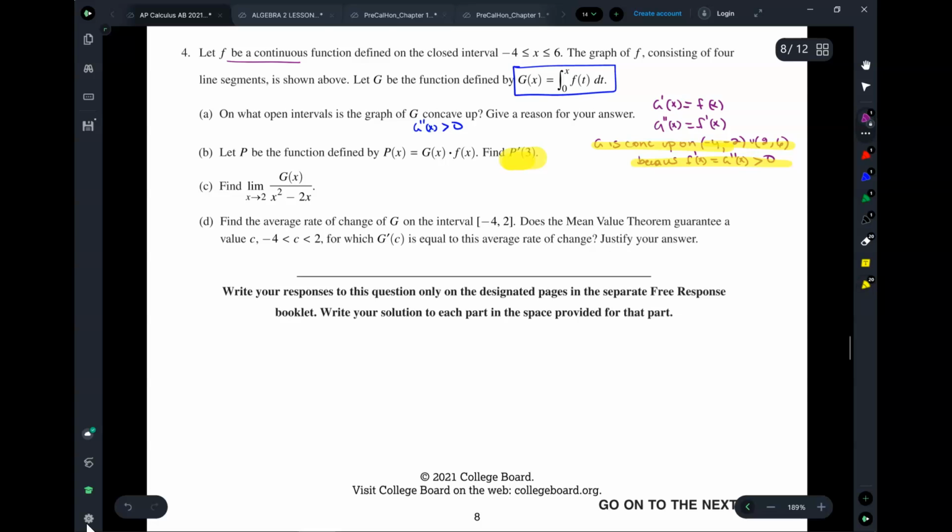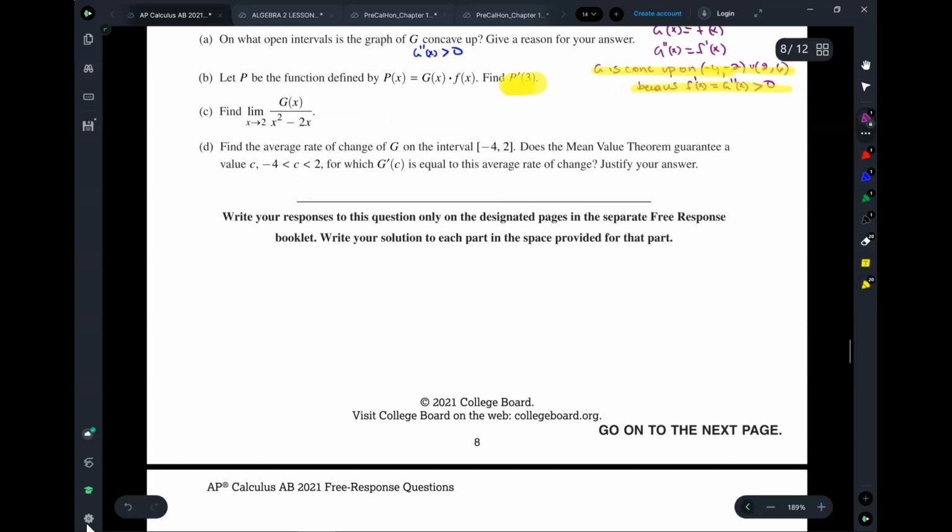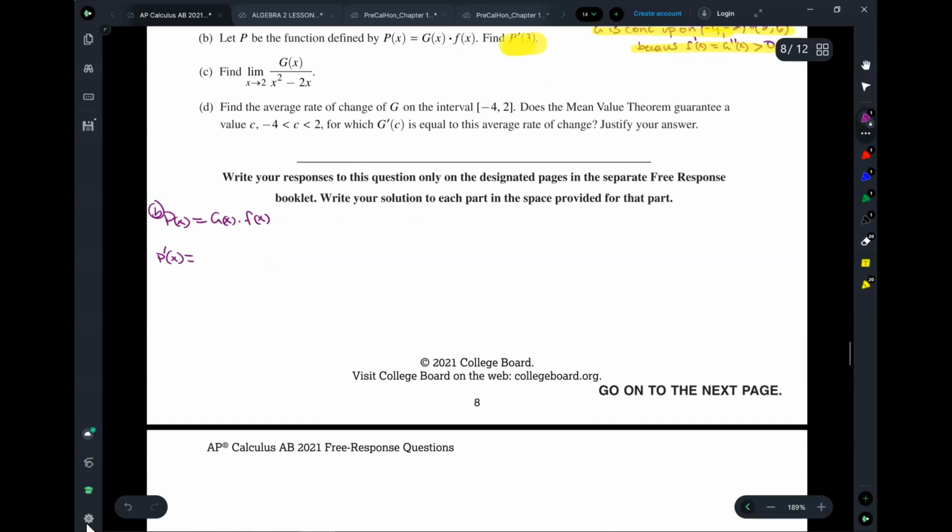Okay, so P of x equals g times f. If I want to find P prime of x, what rule do I have to use? Starts product rule, because it's one function times another function. So the product rule says it's the first times the derivative of the second. Okay?